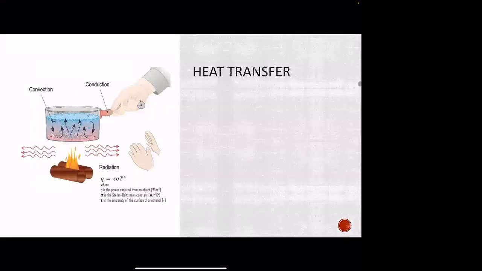So, heat transfer, we have conduction. Okay, that's where the process of which heat is directly transmitted through a substance when there is a difference of temperature without movement of that material. So as you can see in the picture on the left there, when you're holding a hot plate, it's a transfer of heat through that substance to your hand.